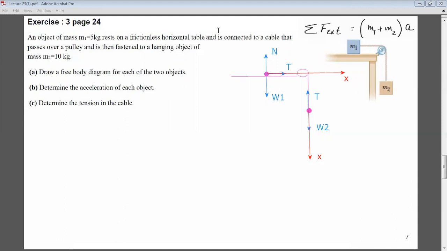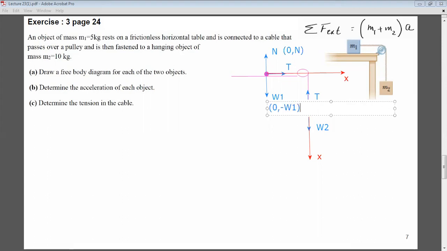Okay, now we are ready. Let's put the x component and y component for each force. N only has a y component, so it is (0, N). W1 only has a y component, so it is (0, minus W1).